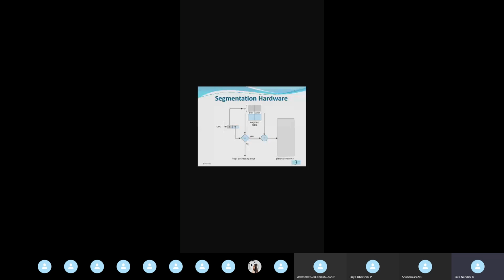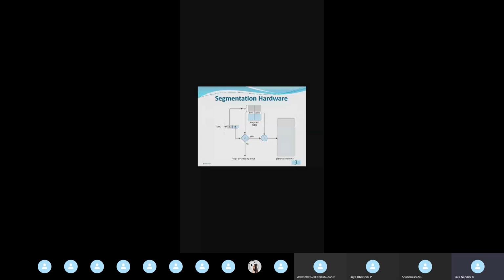Then this offset value D will be compared with the limit register content. The offset value is checked to see whether it is less than the limit register content. Only if it is less does it go to the next stage. For example, I have considered the offset value as 4.